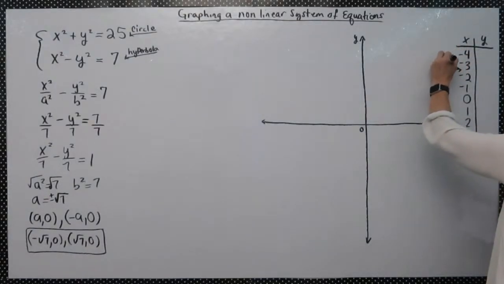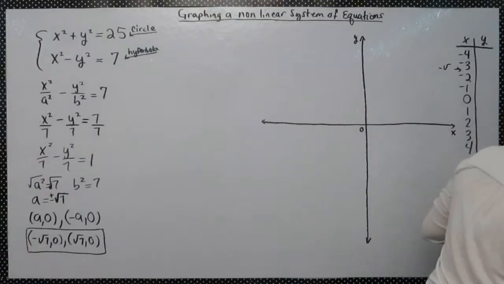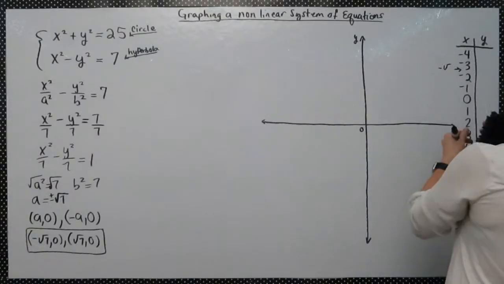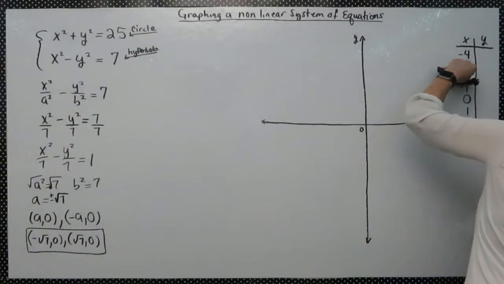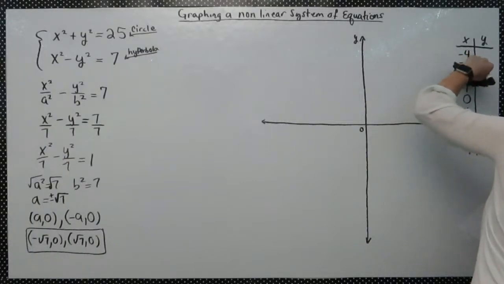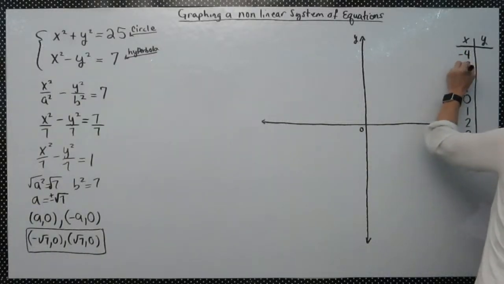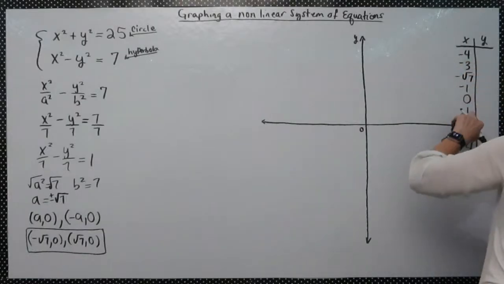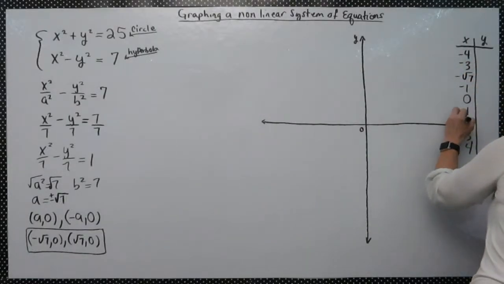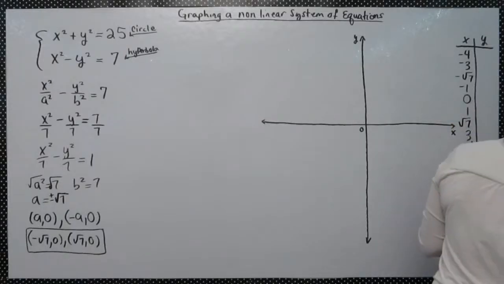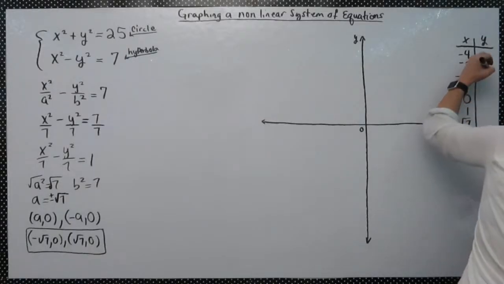And so there's a negative radical 7, so I need to go ahead and skip that down. So instead of the -2, I guess, we can do the negative radical 7 and then +2. We'll put a positive radical 7. See if that works out. Because I know those points are my zeros.